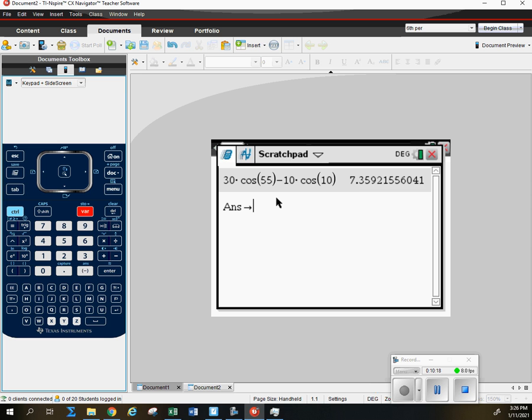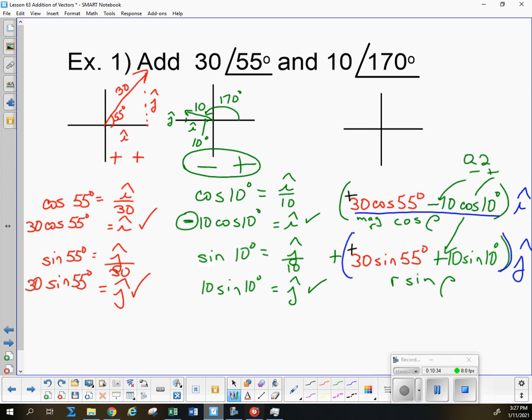Since that's i hat, I'm just going to say store it as I, and then push Enter. And now the calculator is going to remember that i hat is positive 7.359. I am going to go back to my problem and write that down before I have a chance to forget it. That when I added these, I got positive 7.359 for my i hat.